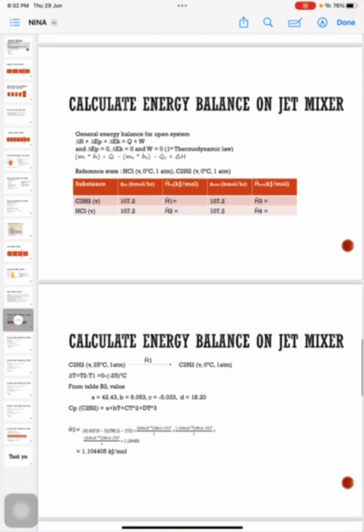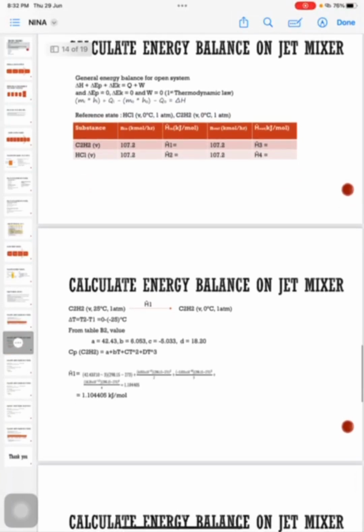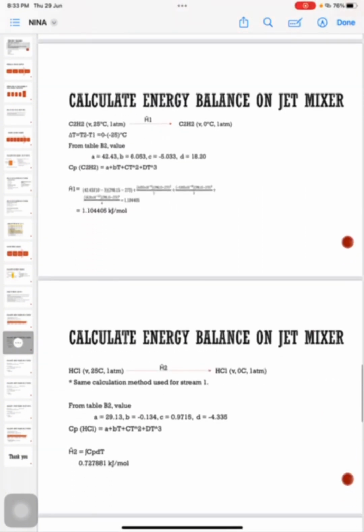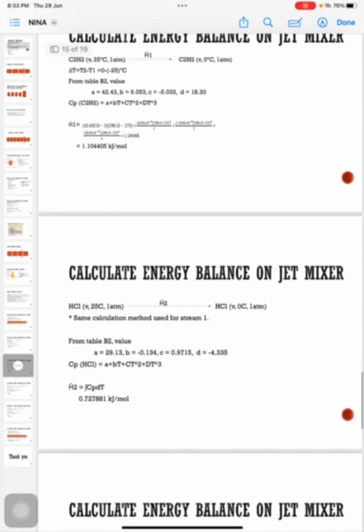Then calculate the energy balance on the jet mixer. So I draw the general energy balance. Reference states: substances C2H2 and HCl in vapor. The temperature of reference is 0 degrees C at 1 atm. So draw the hypopath and refer to table B2, put the value and calculate.